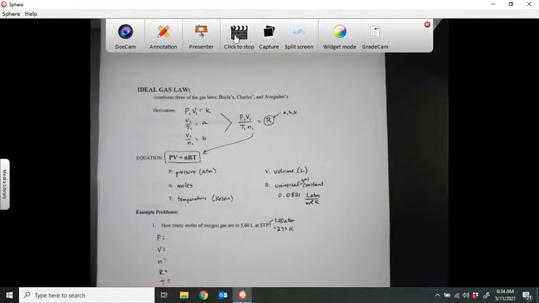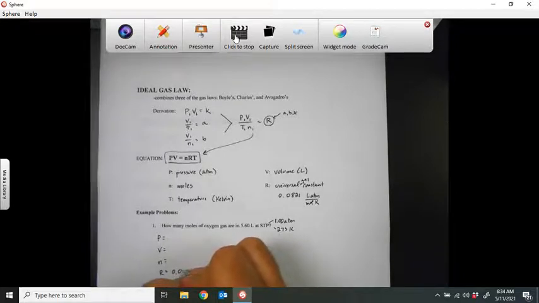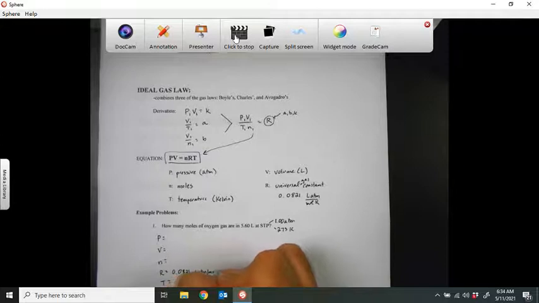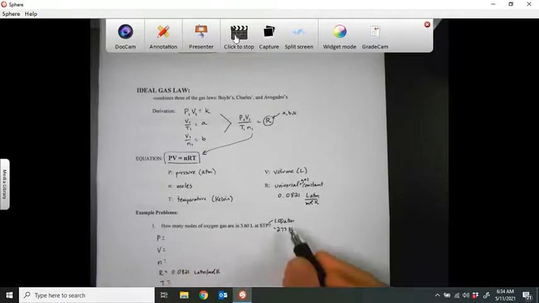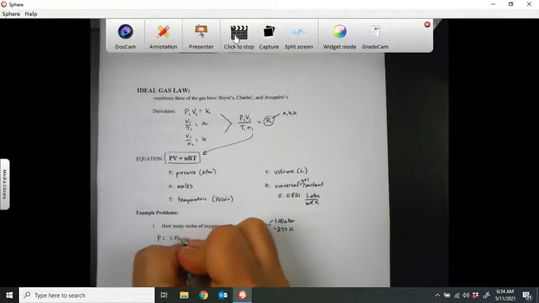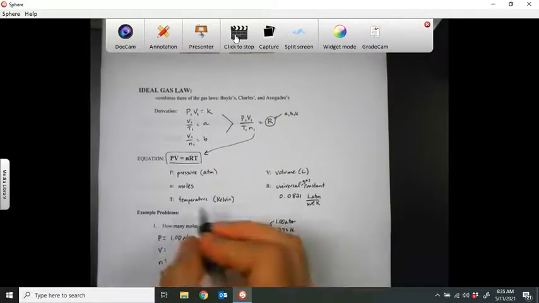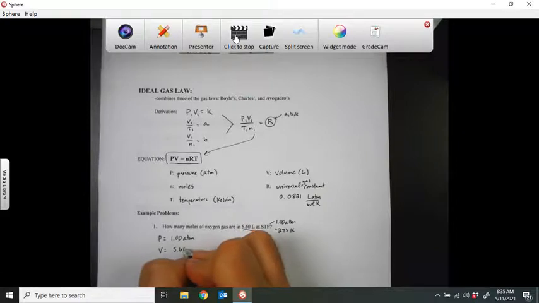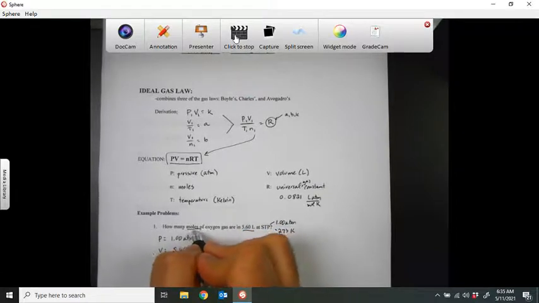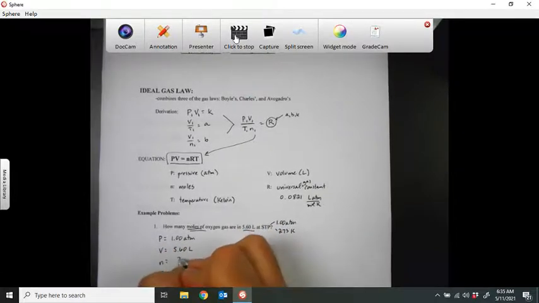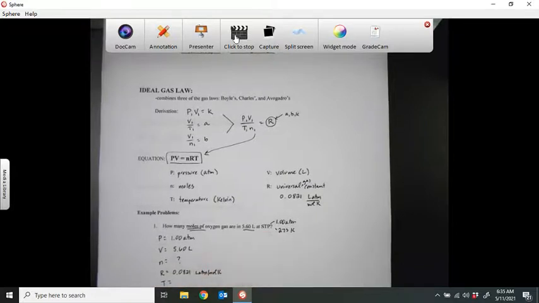All but one of these is going to be known. R is always known. Since it's a constant, we can put in that value. So our pressure, we said, was 1.00 atmospheres. We're given a volume here of 5.60 liters. Our question is, how many moles, so that's our question mark. And since we're at STP, our temperature is 273 Kelvin.